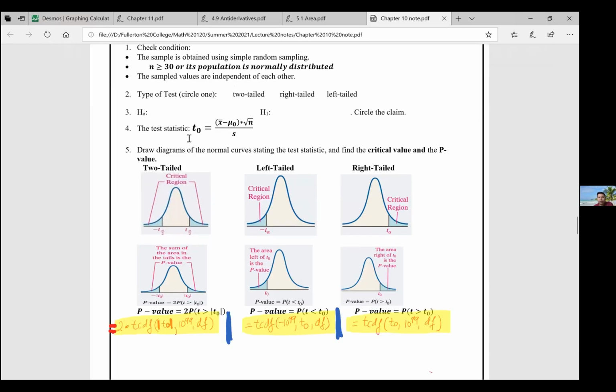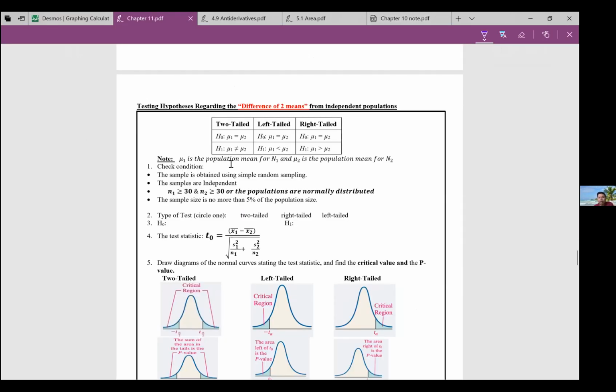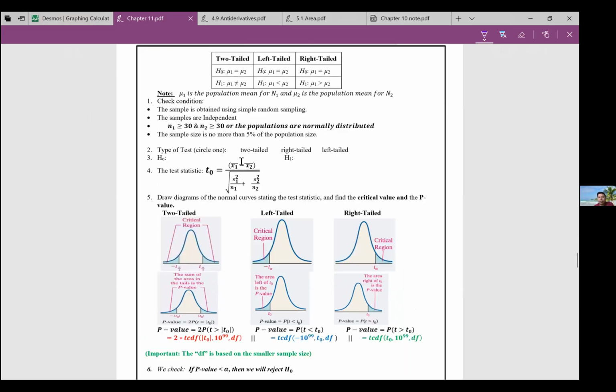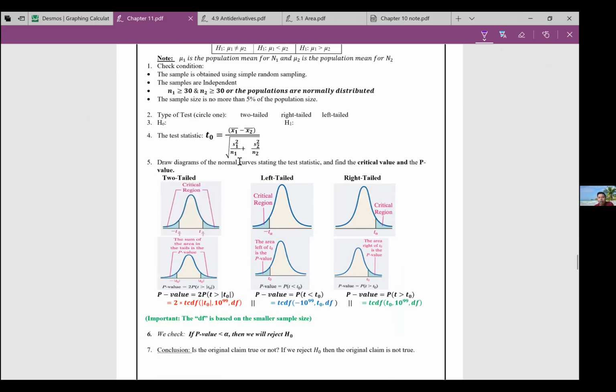Okay, so for chapter 10, the t naught is x bar minus mu because we do have a fixed number to compare with, but here we don't. So therefore we have to take the difference between the first mean and the second mean and then divide by the radical of s1 squared over n1 plus s2 squared over n2. And number 5 is as usual business.